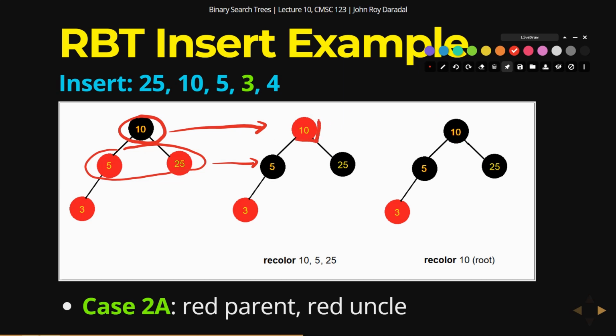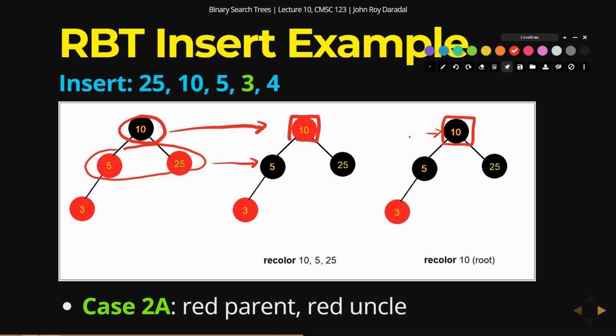When you see a violation like this, where the root is colored red, you can just recolor it back to black, and that will not violate anything. It doesn't violate the root property because you've turned the root to black.